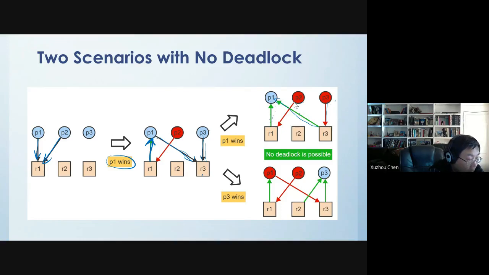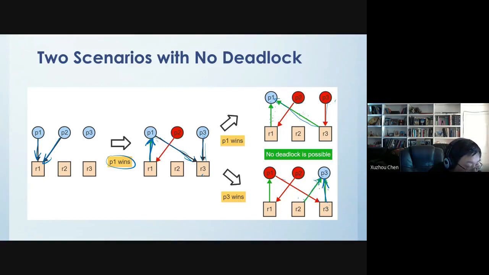Or in the other case, if P1 and P3 are fighting for R3, and P3 wins the fight and gets R3, P1 has to wait. However, in the fight between P2 and P3, P3 eventually gets R2.